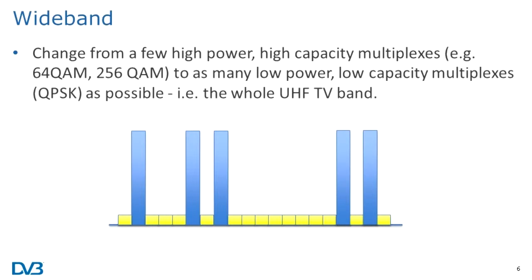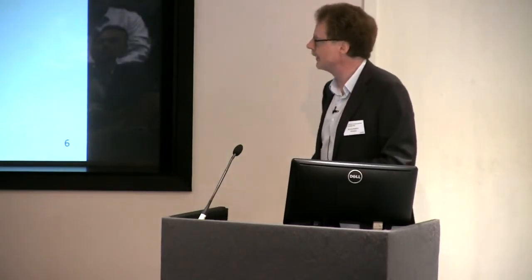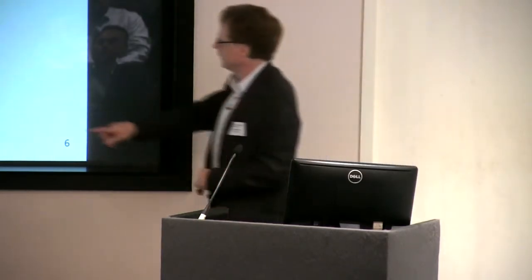So let's have a look at the wideband bit of it. These blue rectangles here represent multiplexes that we transmit in current typical networks, and the divisions along the horizontal axis are 8 megahertz channels that we use in the UK.